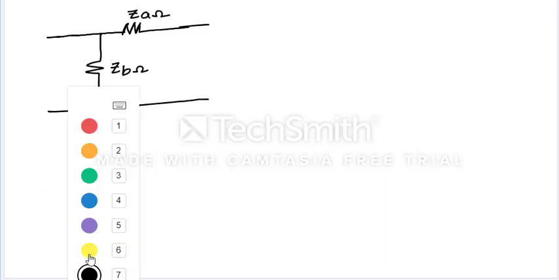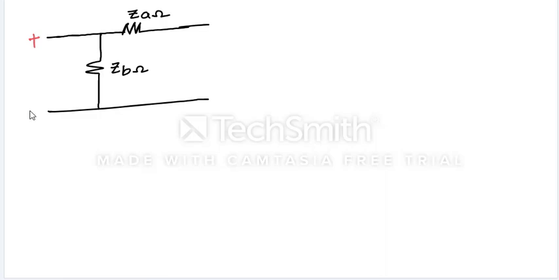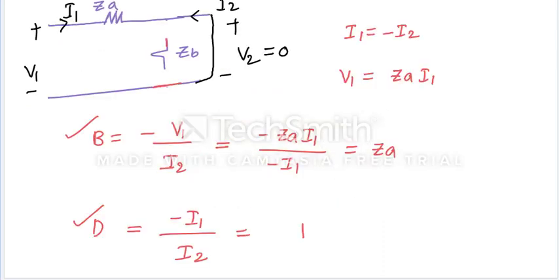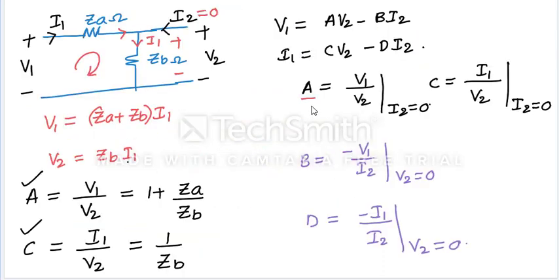In this case also you can see V1 and I1 here, and this voltage V2, and this is I2.